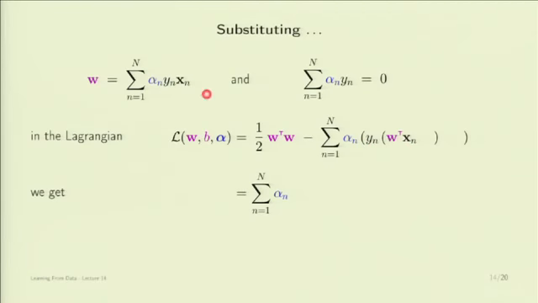When you substitute W by this, you get exactly the same thing, another alpha, another y, another x. So this will be exactly the same as this, except that this one has a factor of half and this has a factor of minus 1. So you add them up, and you end up with this. What happened to W? What happened to b? It's all gone. We are now just a function of the Lagrange multipliers, and therefore we can call this L of alpha.